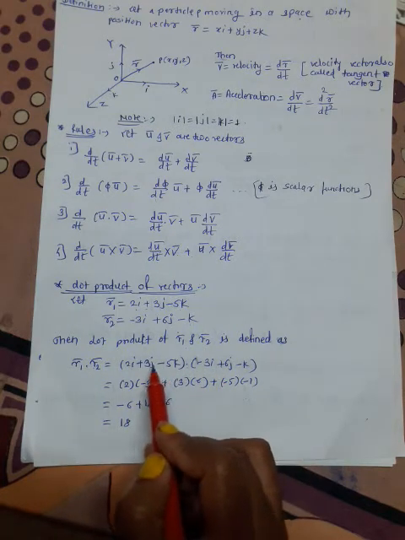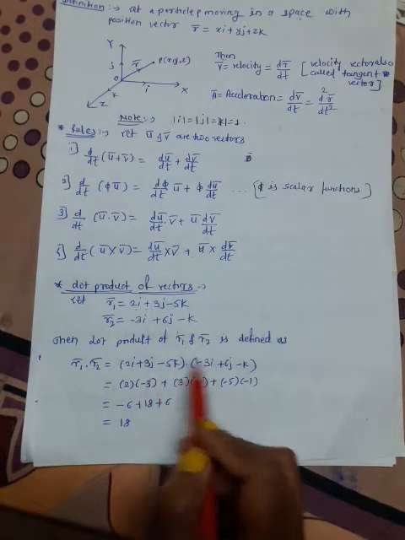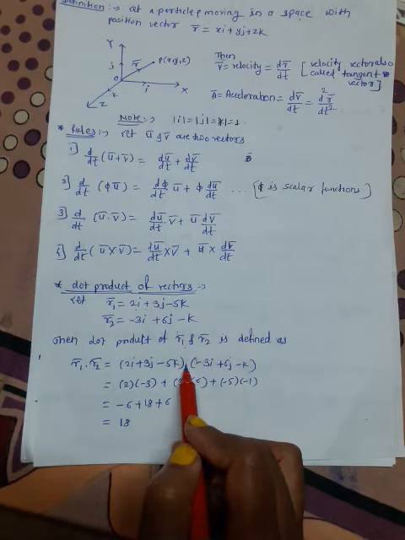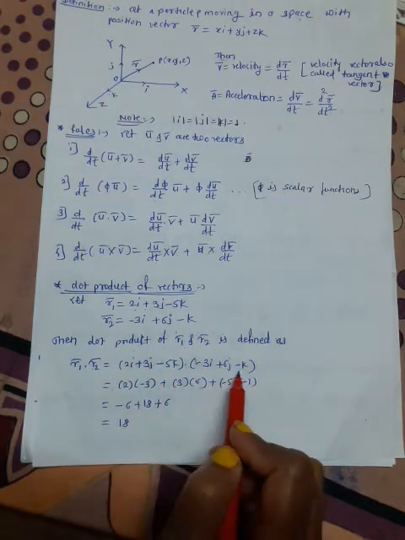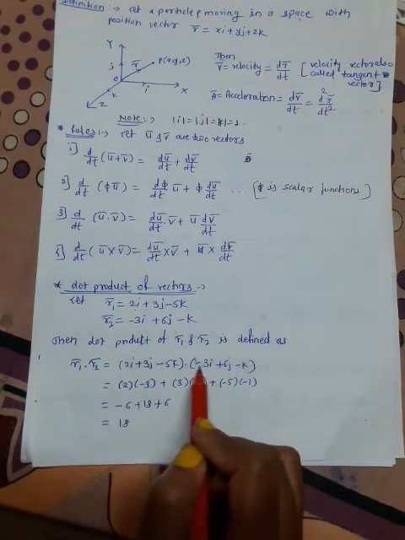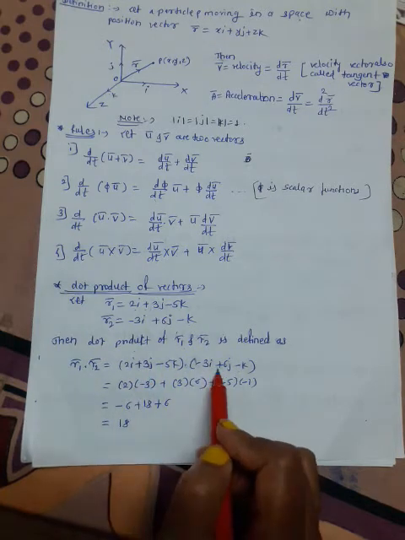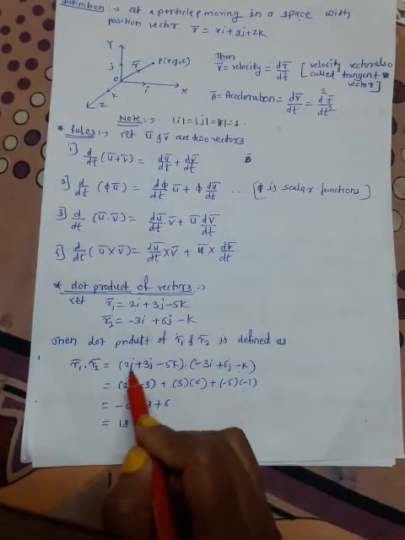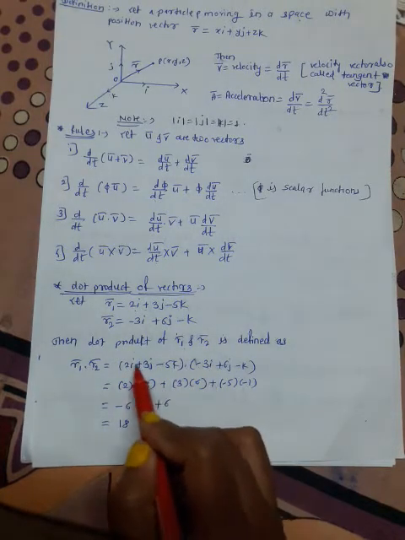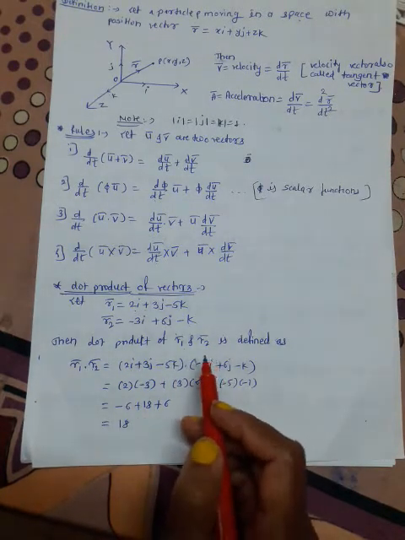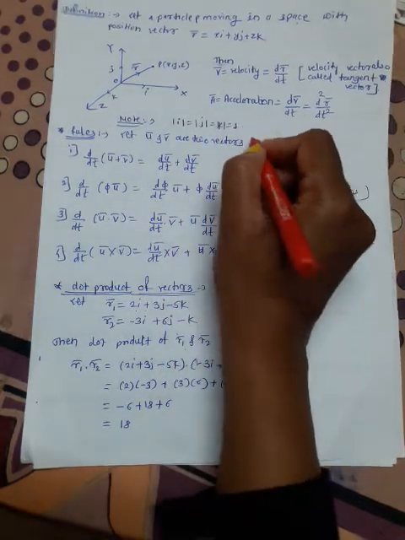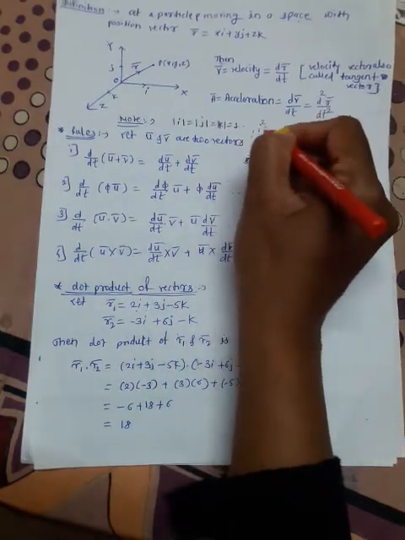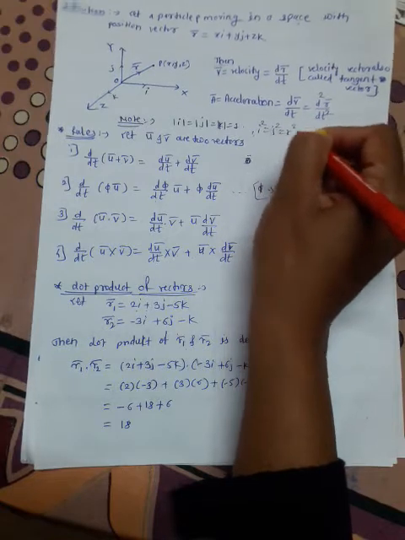How can we calculate the multiplication of these two vectors? It is the corresponding multiplication of numbers: i coefficient into i coefficient plus j coefficient into j coefficient plus k coefficient into k coefficient. The i square, j square, k square values are 1.